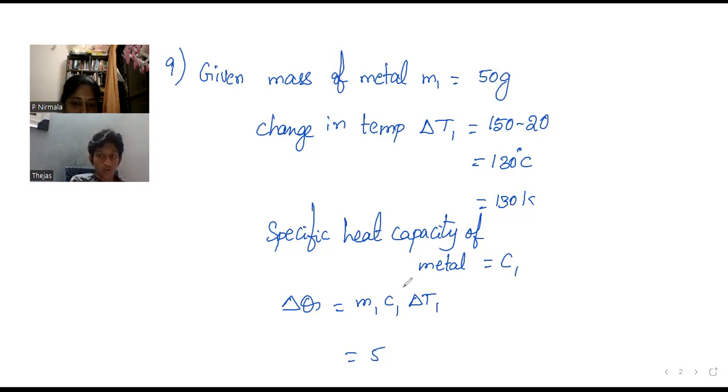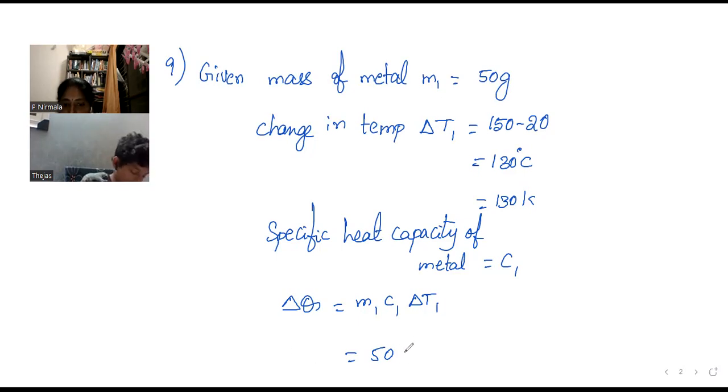Don't change. Look at all the units. They gave the answer also in grams only. So don't change grams. Be careful here with units. If specific heat and mass are both in grams, no need to change.